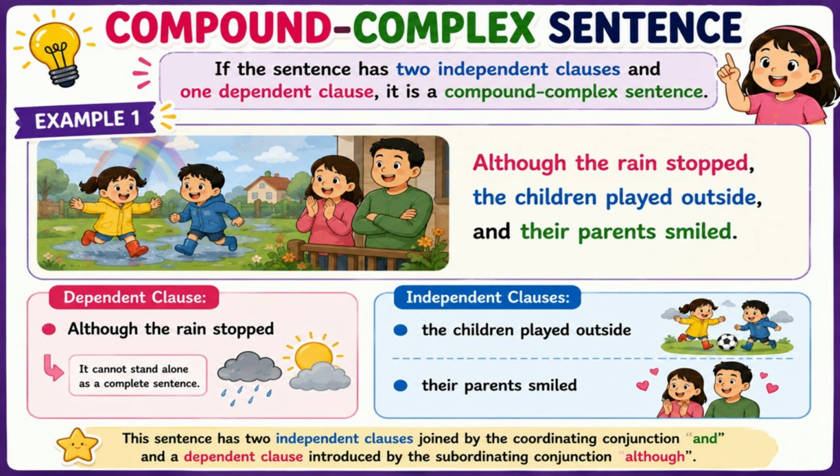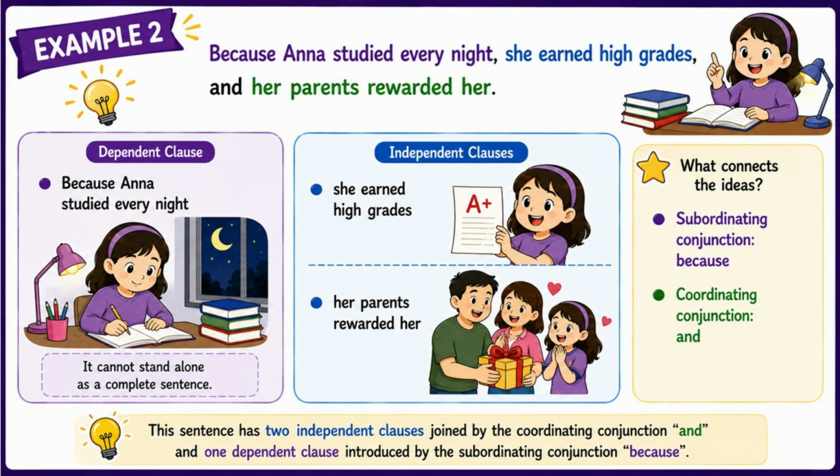This sentence has two independent clauses joined by the coordinating conjunction "and" and a dependent clause introduced by the subordinating conjunction "although."